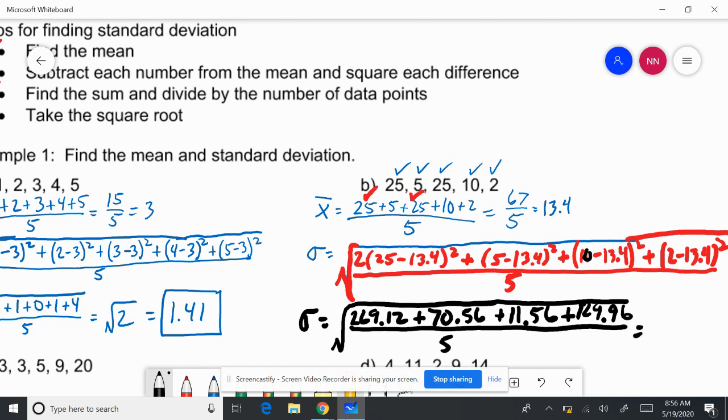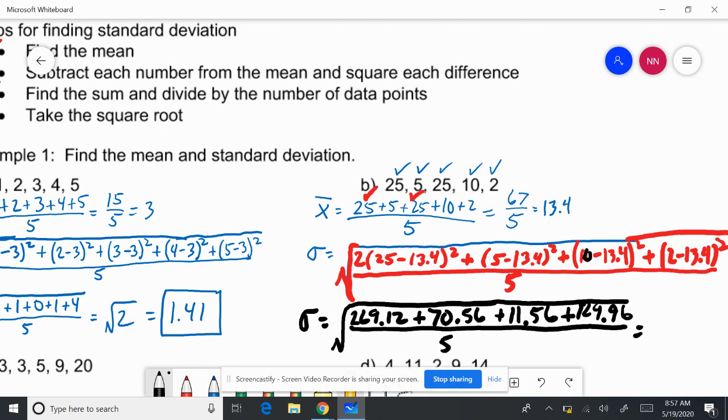Once again, I'm going to do 2 steps in one. I'm going to add up my 4 numbers, and I'm going to divide it by 5. So I have the 269.12 plus 70.56 plus 11.56 plus 129.96.